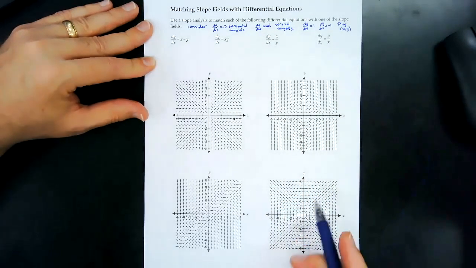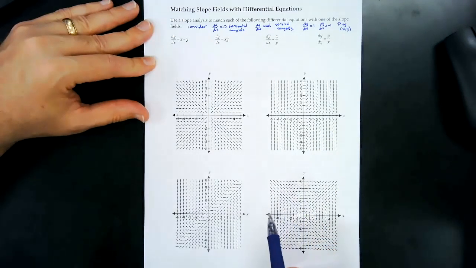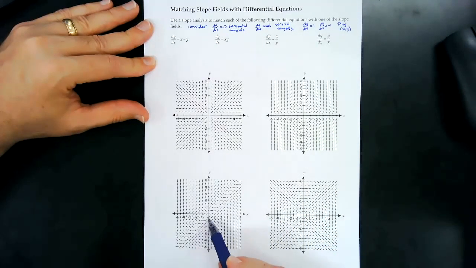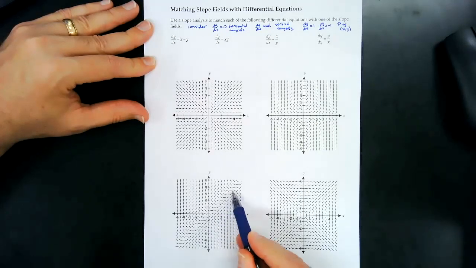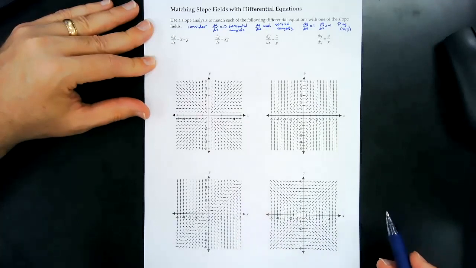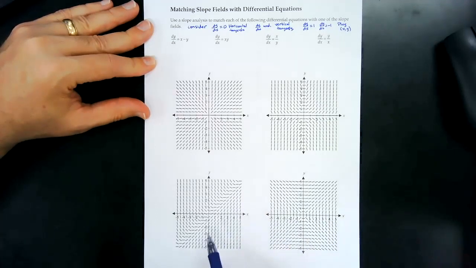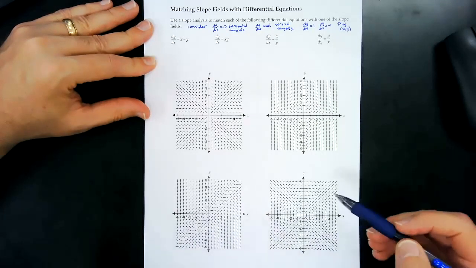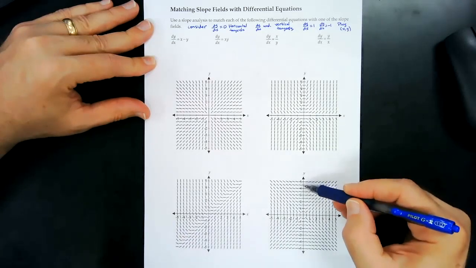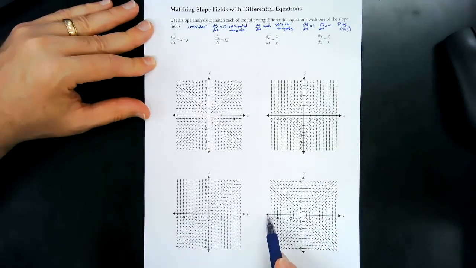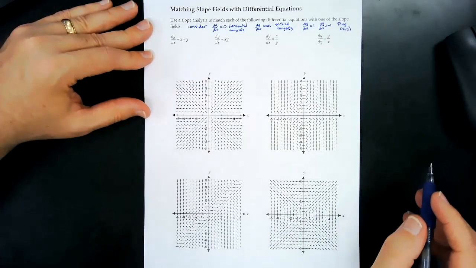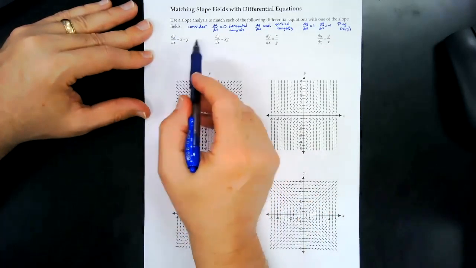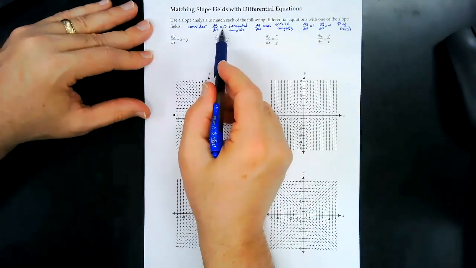Over here, it looks like we have horizontal ones at (1, 1), (2, 2), (3, 3), and I don't see any vertical ones on this one. And then on the last one, I see horizontal ones right on top of the y-axis, and I see vertical ones on the x-axis.